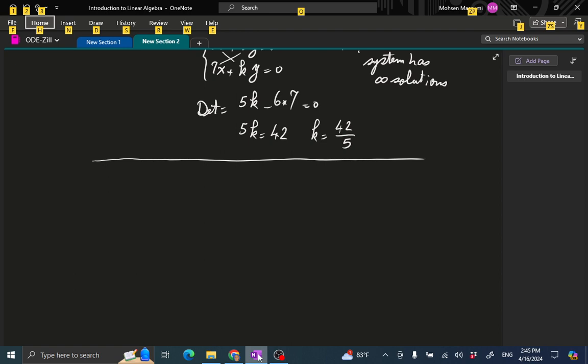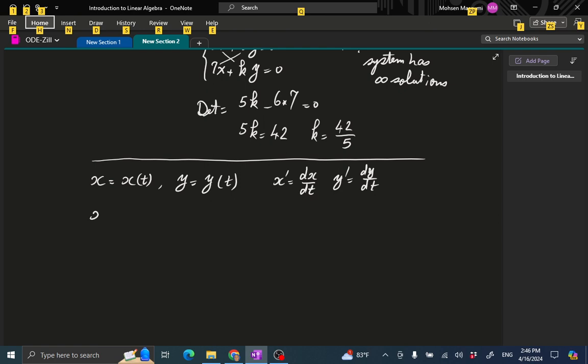Okay, let's consider a system of differential equations and see how we can solve it. So suppose x indicates some function of t and y also indicates some function of t, and of course x prime is shorthand for dx/dt, and y prime is shorthand for dy/dt.